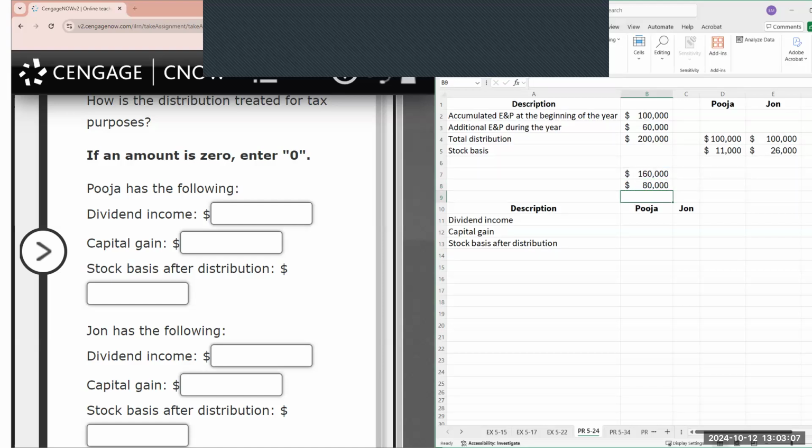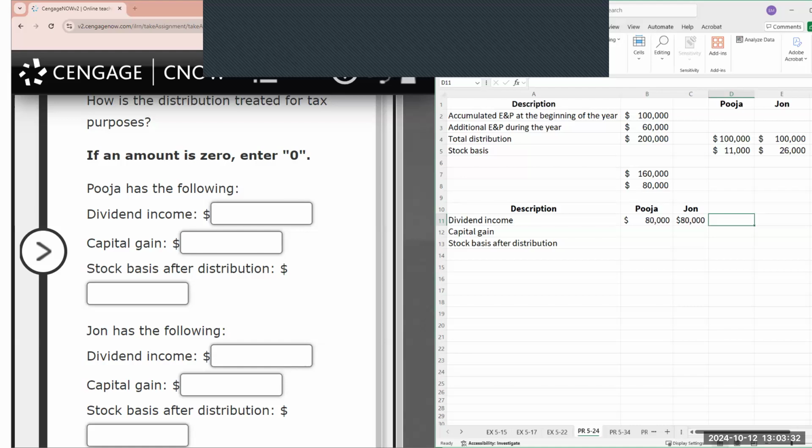Therefore, Pooja would recognize dividend income of 80,000, and John would also recognize dividend income of $80,000. The dividend income is going to be subjected to the reduced tax rate on dividends available to all individuals. So here we've taken care of the 160,000.